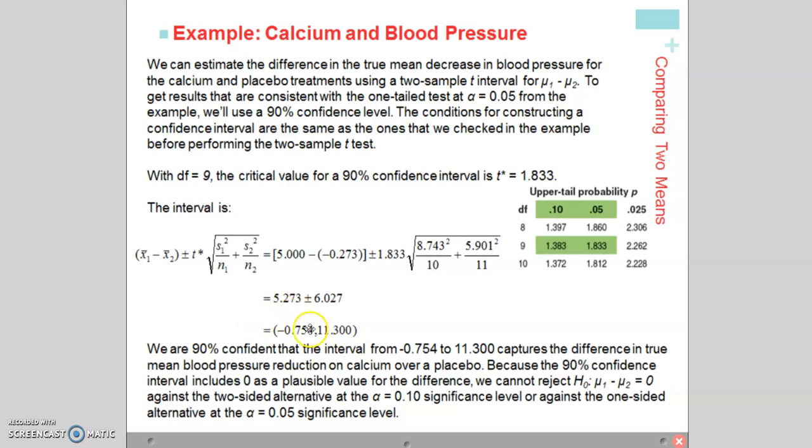Okay, so you can see that that result matches what we got yesterday in our test of failing to reject the null hypothesis, because the hypothesized value is in this interval.